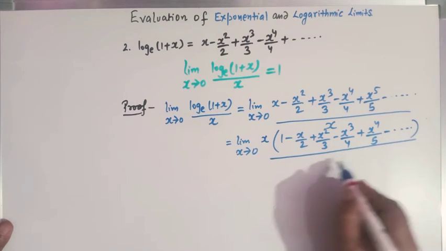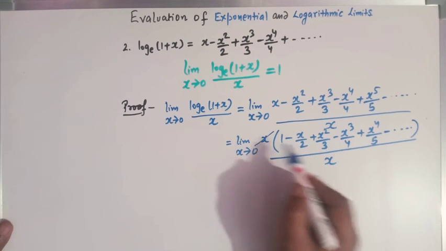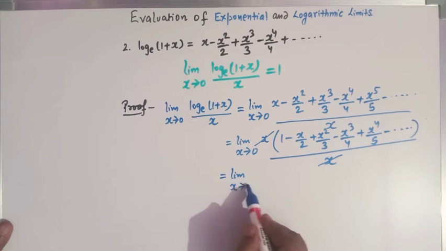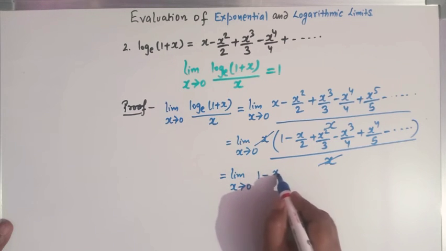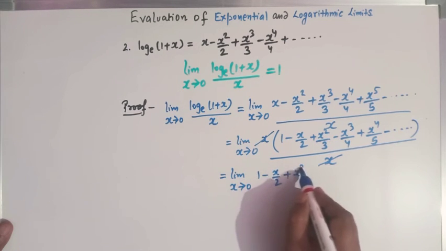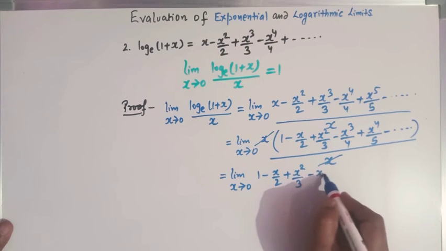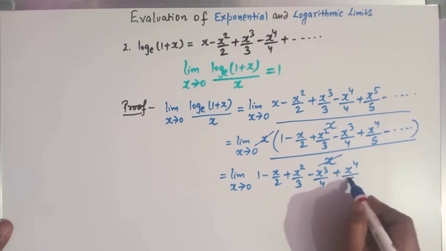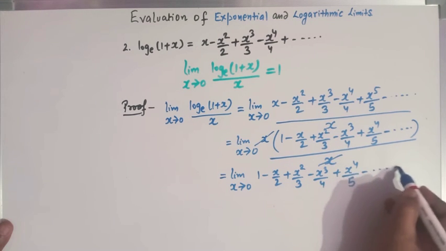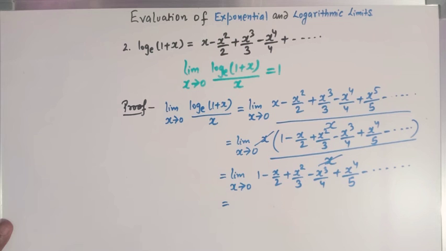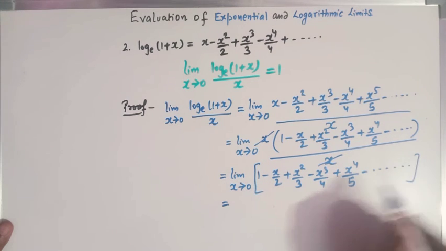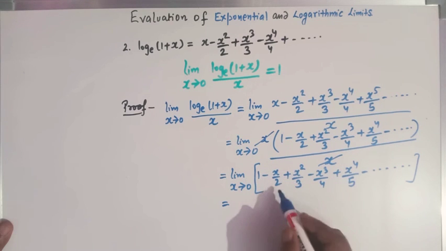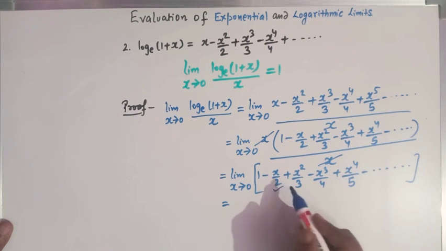And divided by x. Now this x and this x get cancelled, so we are left with limit x tends to 0 of 1 minus x by 2 plus x square by 3 minus x cubed by 4 plus x raised to 4 by 5 minus so on, right? Now here we see that this is an infinite series, and all these terms except the first involve x, right?